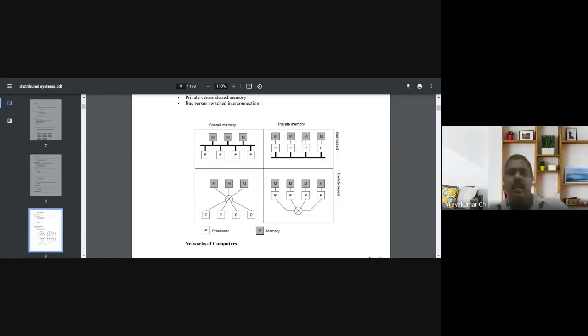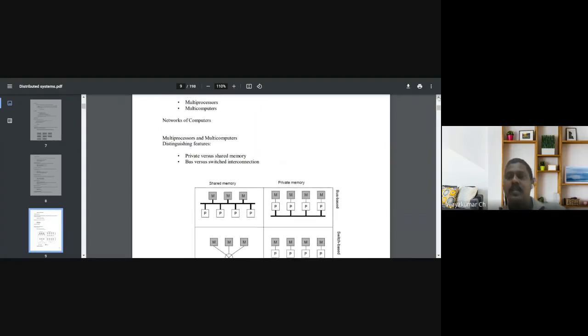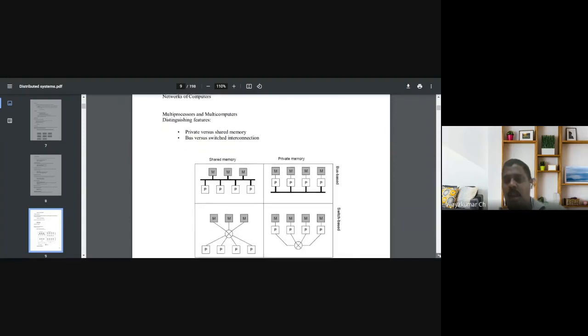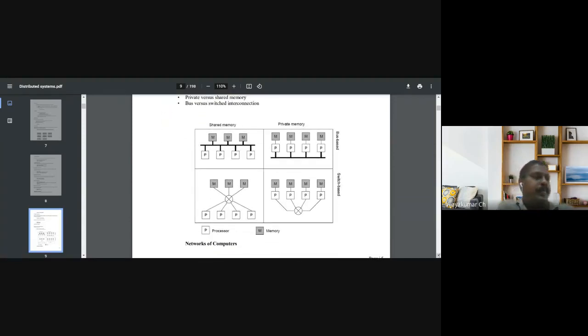Just see the particular picture. Here there is a diagram which represents shared memory and private memory. What is bus based, what is switch based? Just see the difference between them. The processors are represented by white boxes, and the memory is represented by gray color boxes.